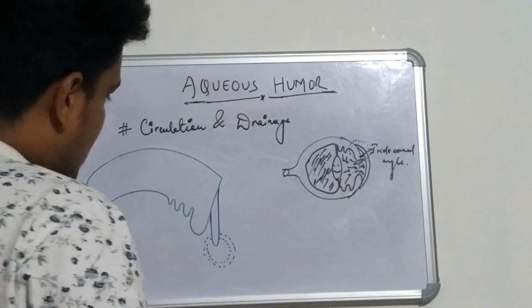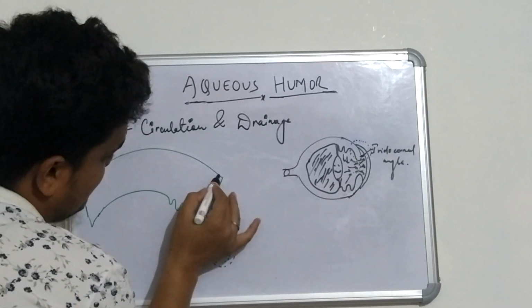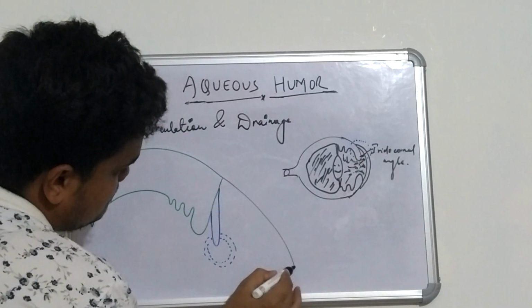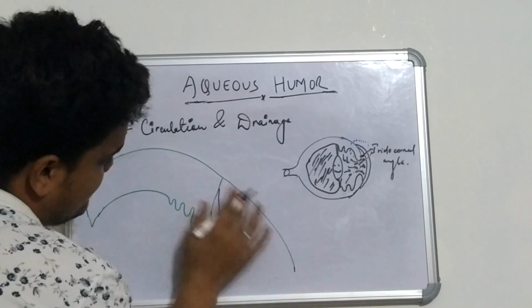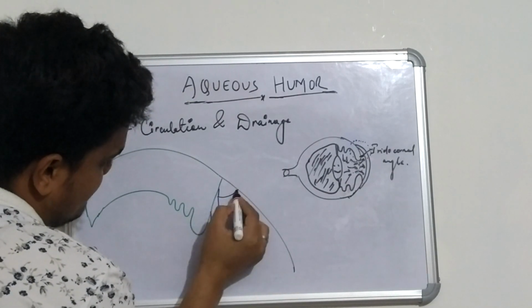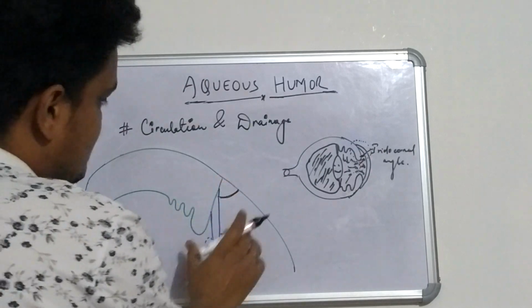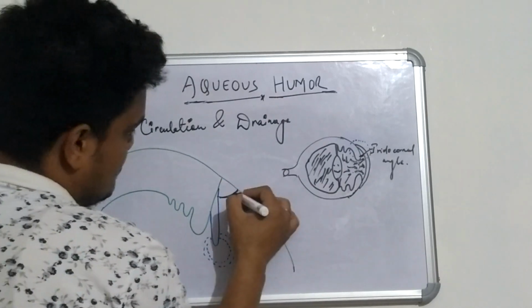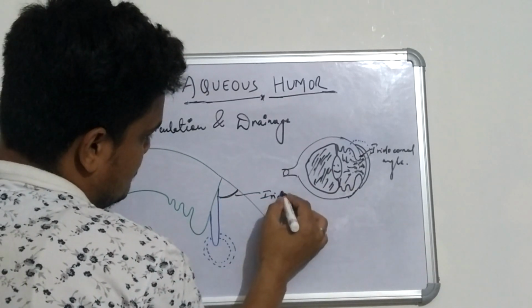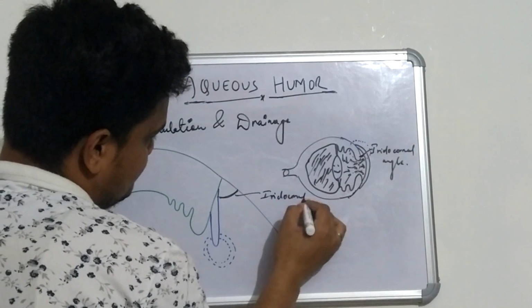Particularly this area we are talking about: this is the cornea, and this angle in between the iris and the cornea is the iridocorneal angle.